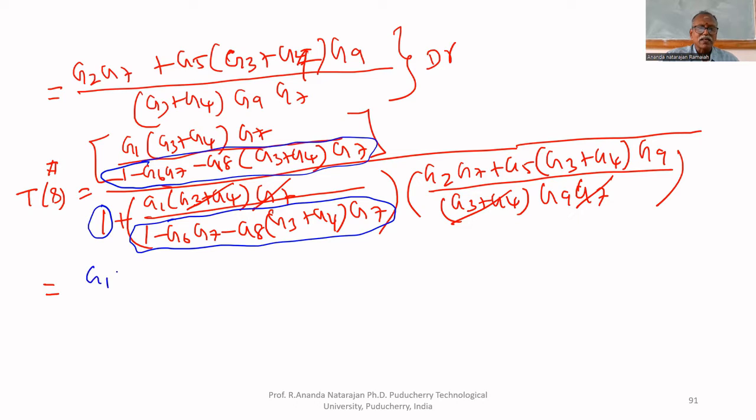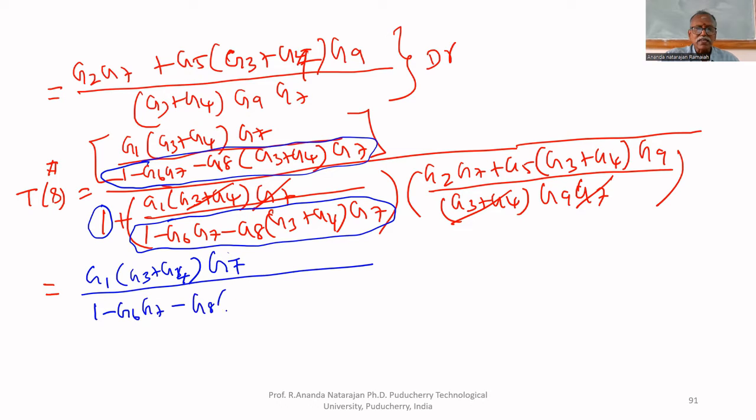Therefore, we will get numerator G1 (G3 plus G4) multiplied by G7, whole divided by, I am writing this in place of 1, 1 minus G6 G7 minus G8 multiplied by (G3 plus G4) multiplied by G7.